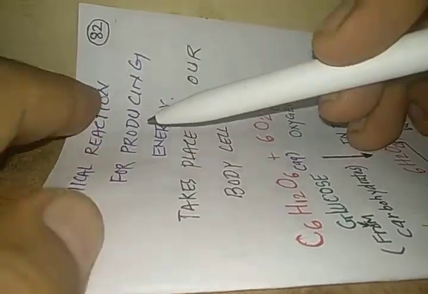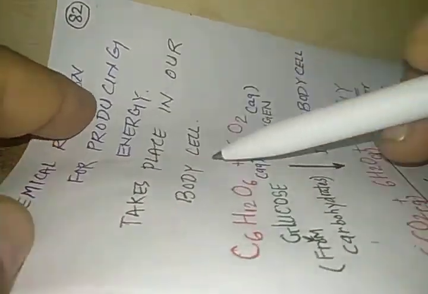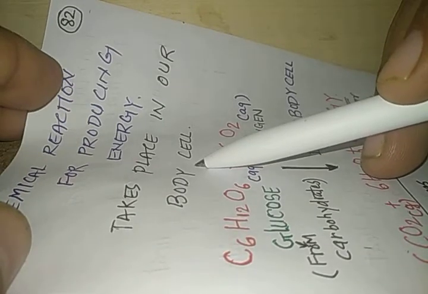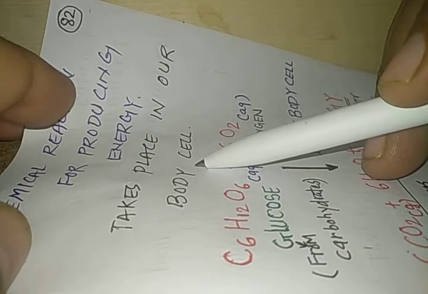The chemical reaction for producing energy takes place in our body cell. Please remember that this reaction that we are going to study takes place only in our body cell. What happens is that we have glucose.